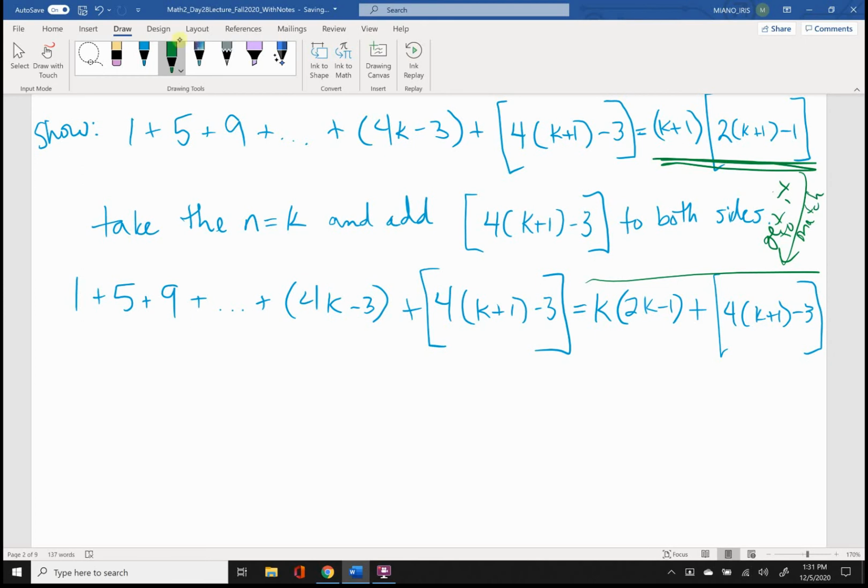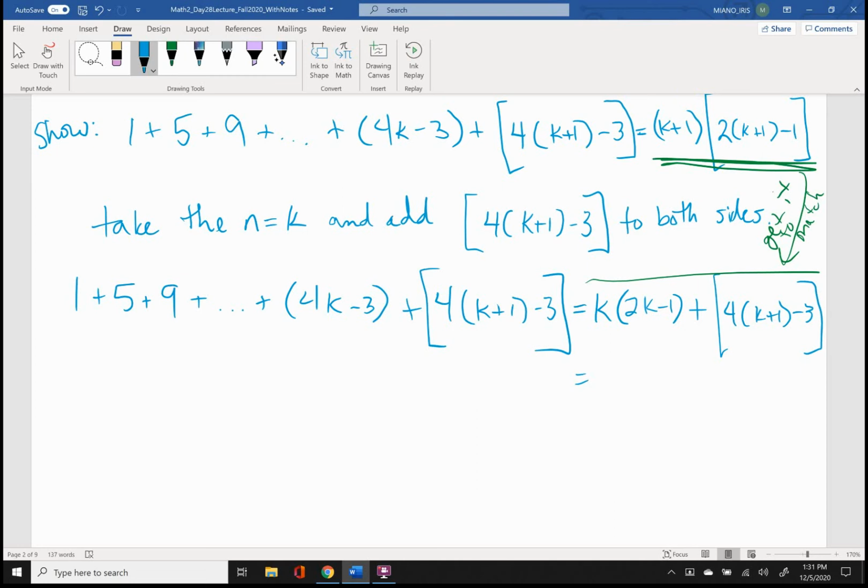We're just going to leave it be. We're going to manipulate this right-hand side. Okay, so what do I suggest that you do in order to make this look like the k plus first right-hand side of the equation? Well, I recommend that you distribute and combine like terms, and then you're going to get a quadratic in k.